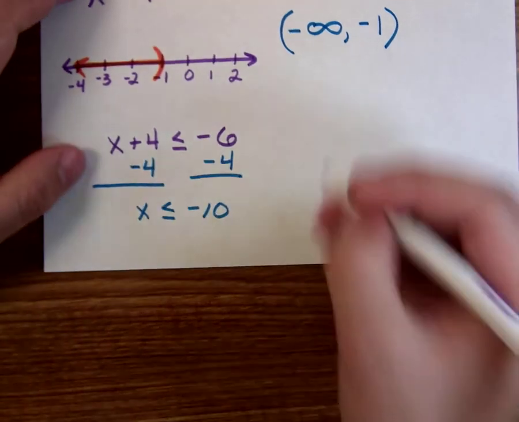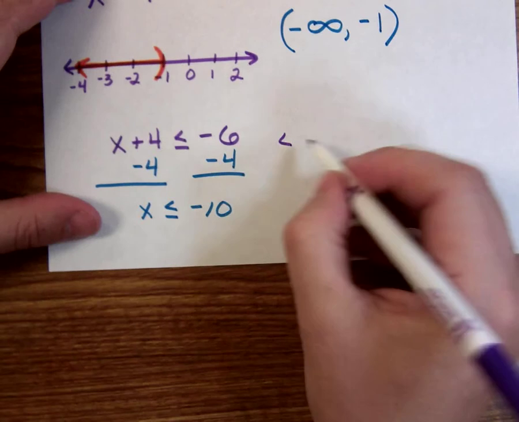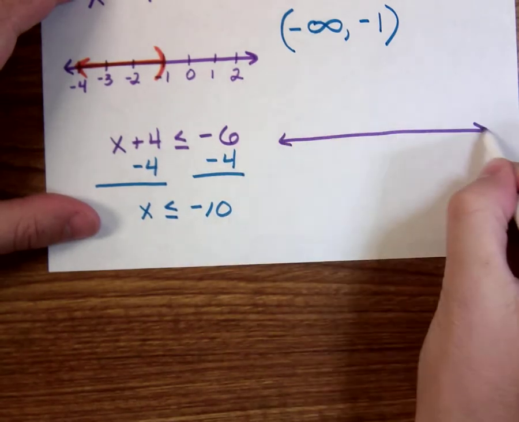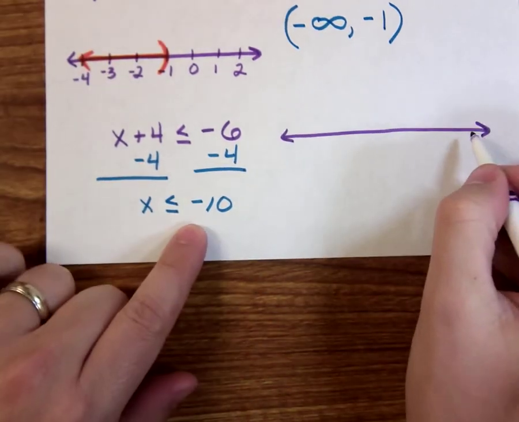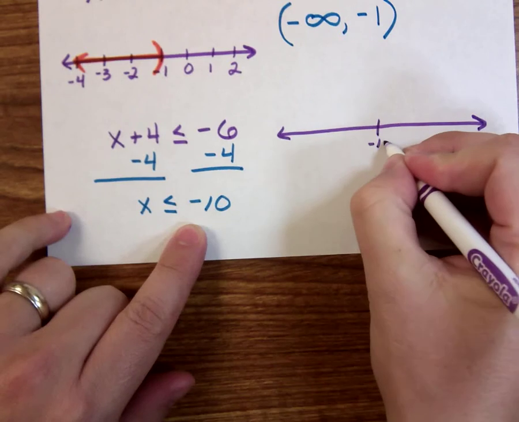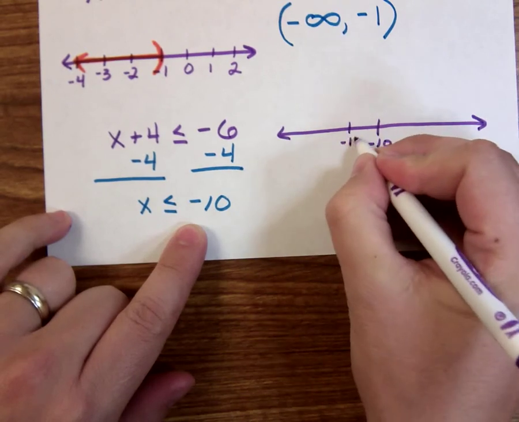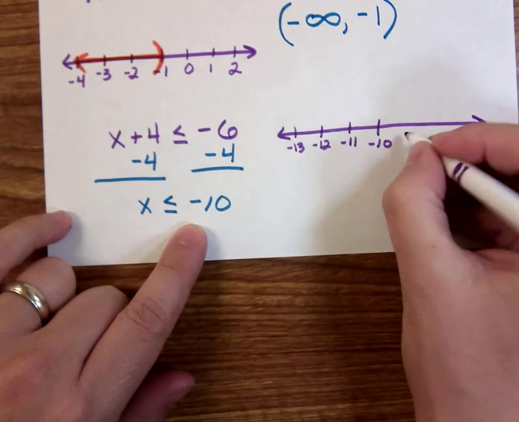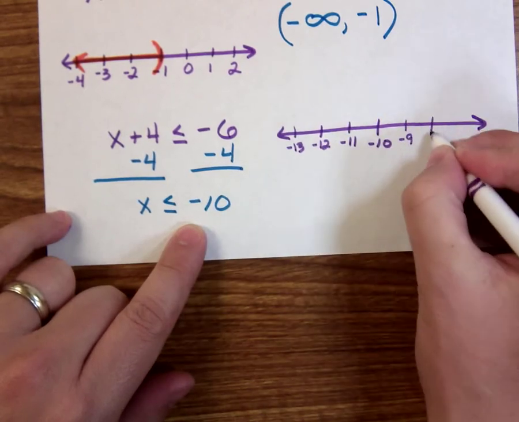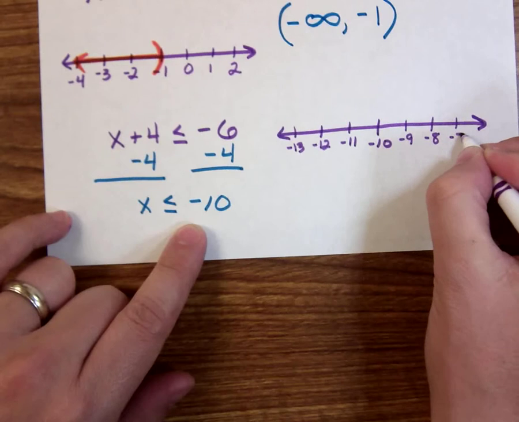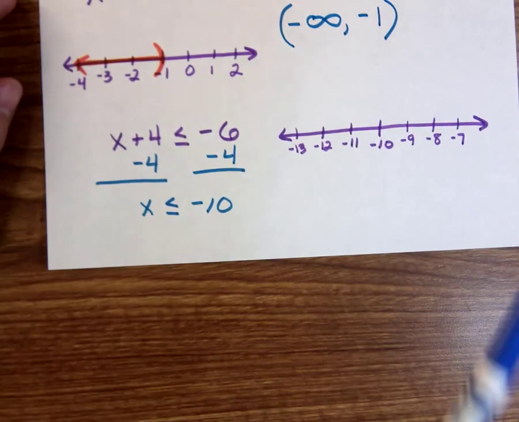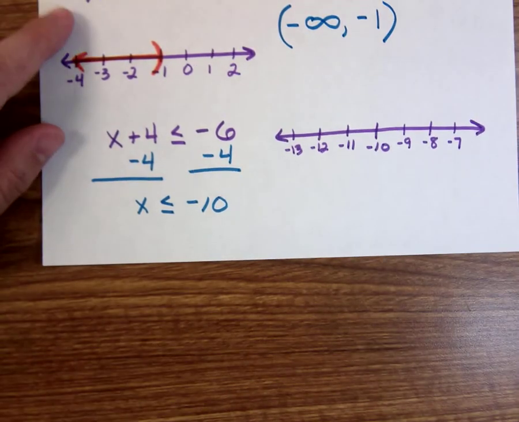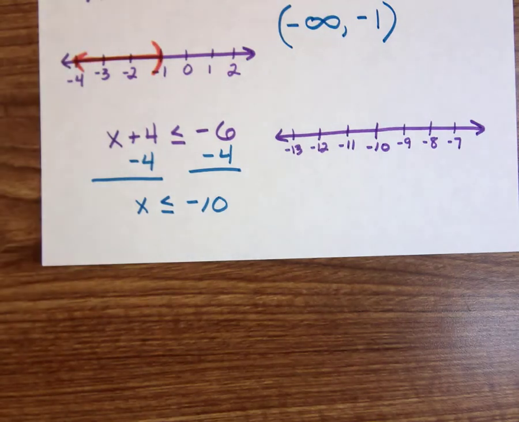All right, so let's do my number line. This time my number is -10, so I'm going to put that in the middle. Like that. x is less than or equal to negative 10, what are the numbers that would work there?